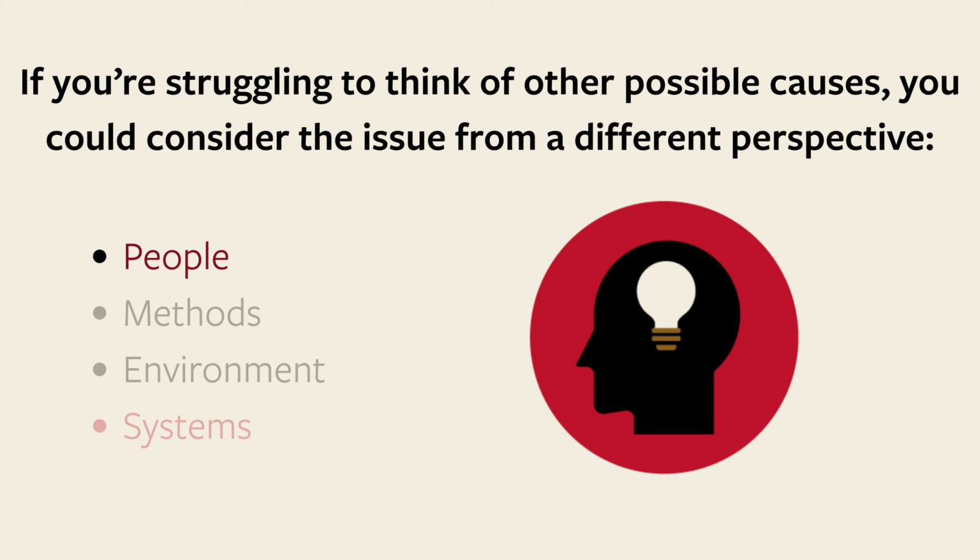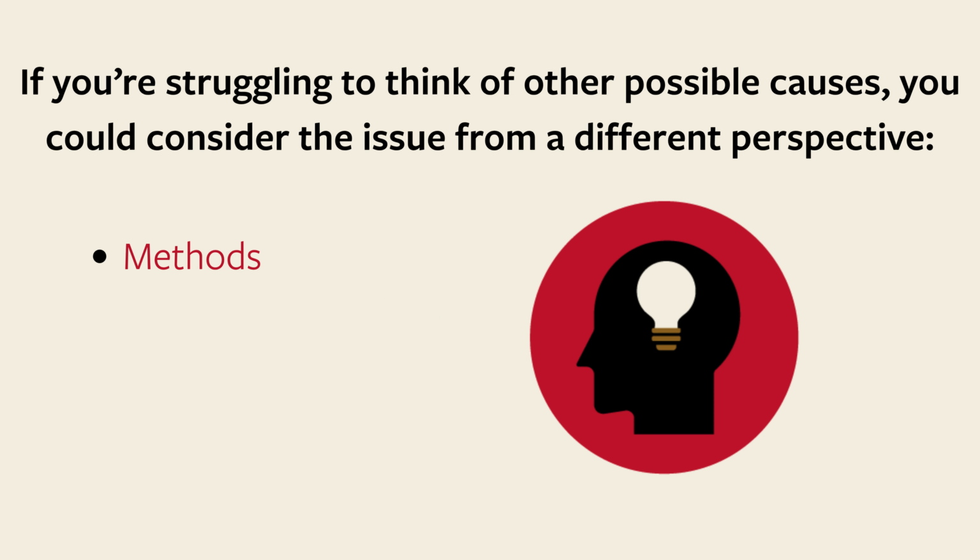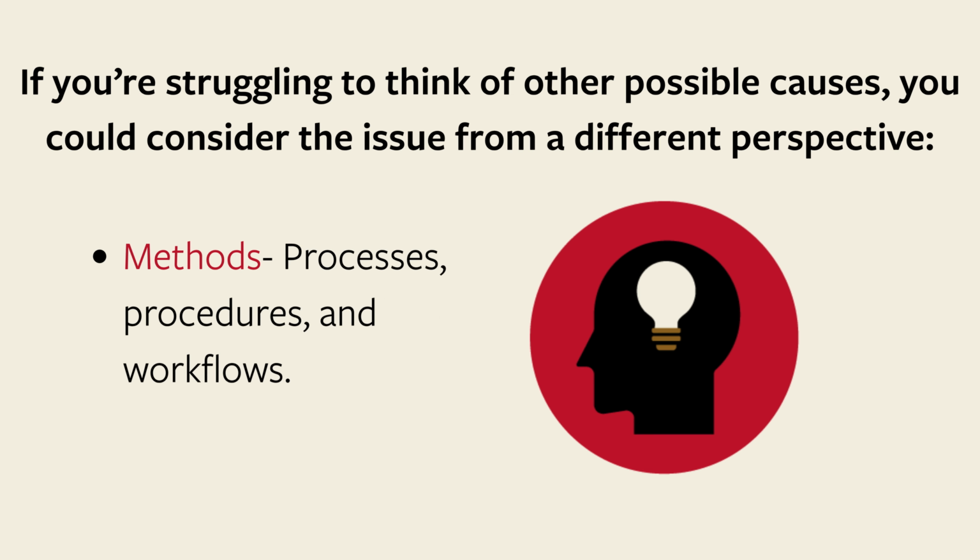With the theme of people, we mean how do human factors such as skills, training and behaviours of stakeholders involved impact the concern? With the theme of methods, this means what processes do you have that you need to consider? What procedures and policies impact the work? And what are your workflows? So what happens before, during and after the work?